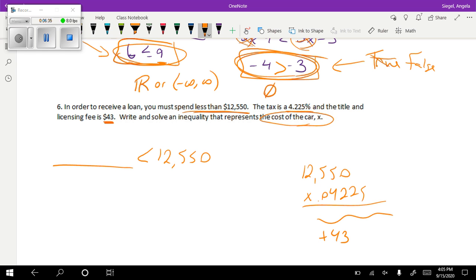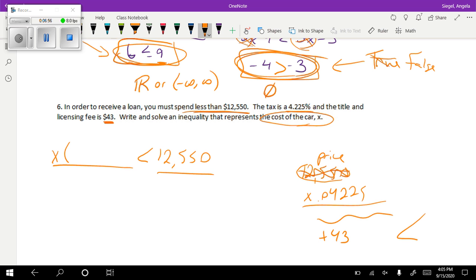Sorry, we don't know the price of this car. It has to be less than $12,550 because that's all we have. So I'm going to say x. And then think about this.